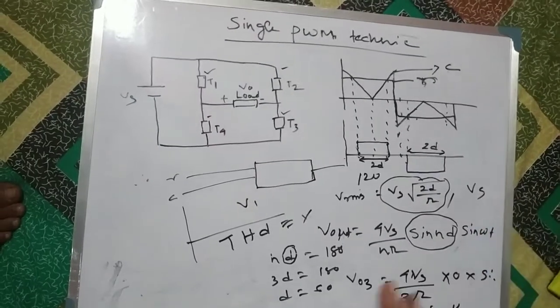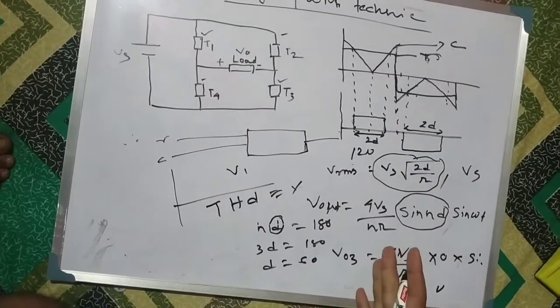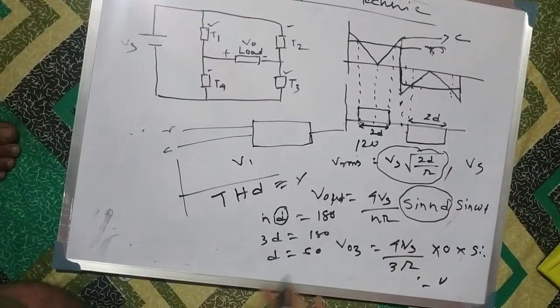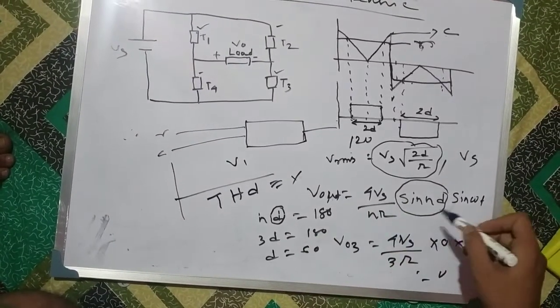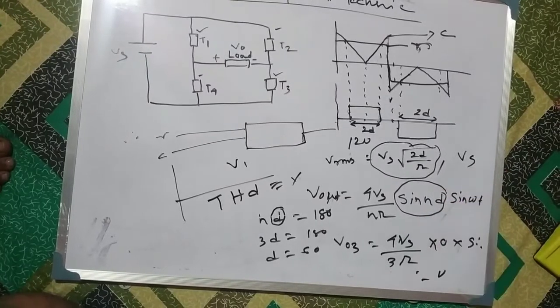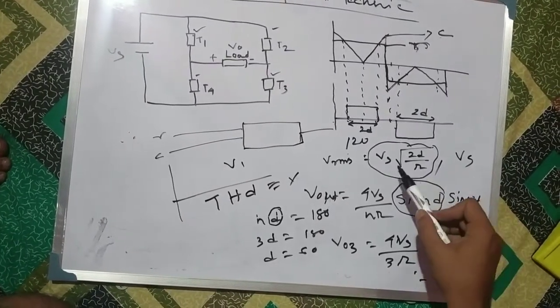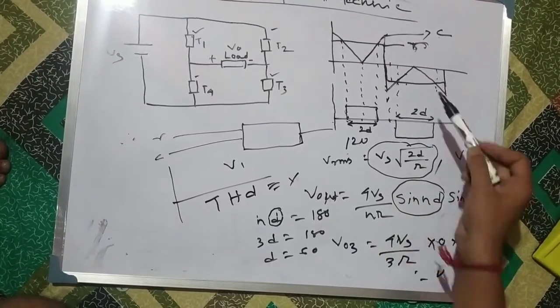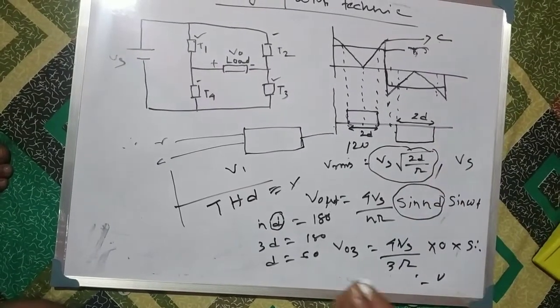So the main advantage of the PWM technique is that we can eliminate the third and other lower order harmonics, and the output voltage can be controlled by the reference and carrier signal.